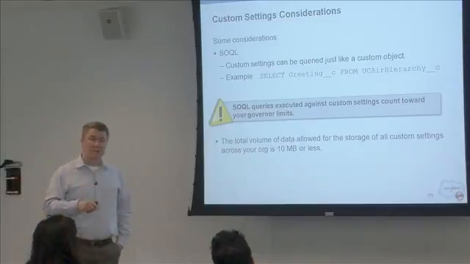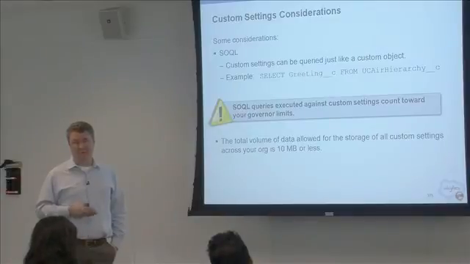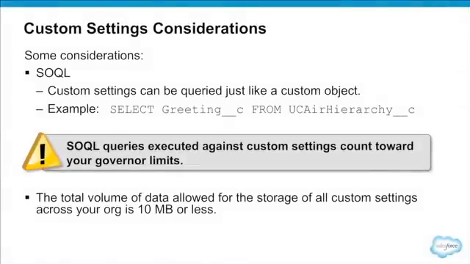If I want to create or modify a custom setting programmatically, just use DML. If you want to create a new one, instantiate it and insert it. Once again, understand you've just used up a DML operation inside of your code. So custom settings programmatically are both read and write, but when you write them, you're using up your DML operations.